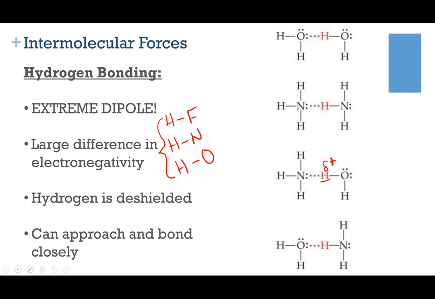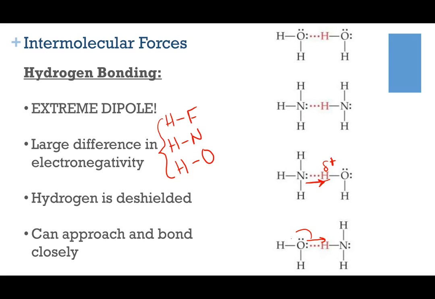And then lastly, if you look at all of these atoms, they're all relatively small atoms. So with these being relatively small atoms, we can approach very, very closely. So when we look at this interaction between the nitrogen of one molecule and the hydrogen of another, or the oxygen of one molecule and the hydrogen of another, the distance between those, in the intermolecular forces world, is a very small distance because these are so small, they can get closer together.